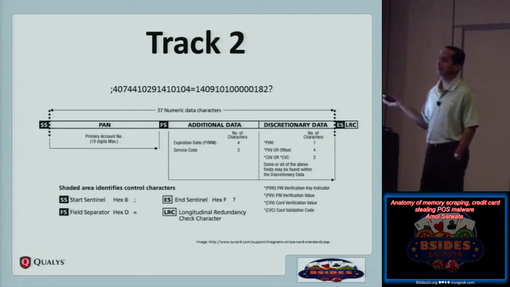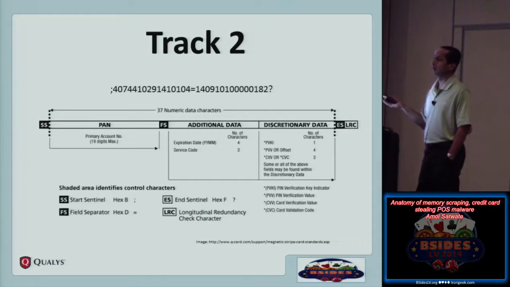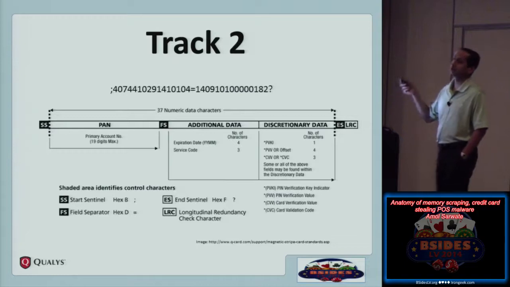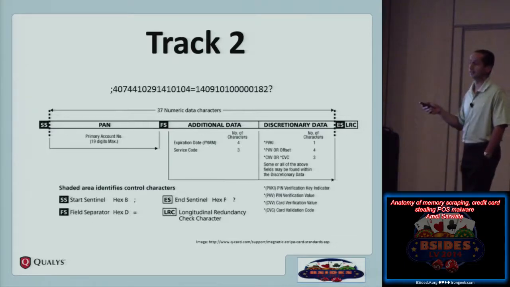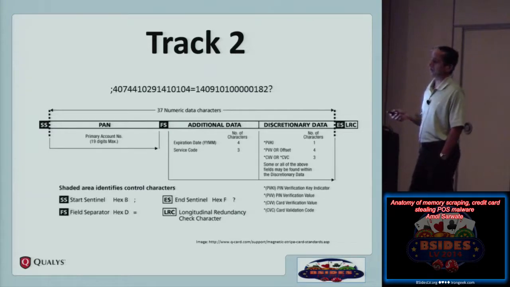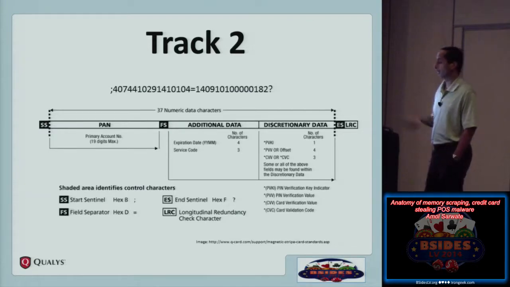So your name is not really needed for authorizing the transaction. What happens is when you swipe your card, sometimes track 1 could be damaged, so track 2 could be readable. So your transaction would still go through if just track 2 data is available, and vice versa. So you can call it a little bit of a redundancy there.